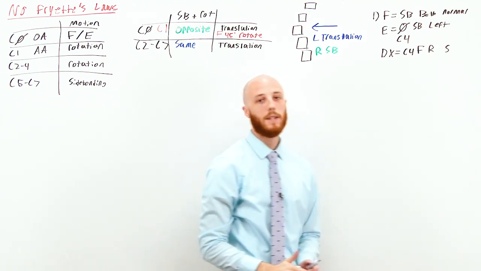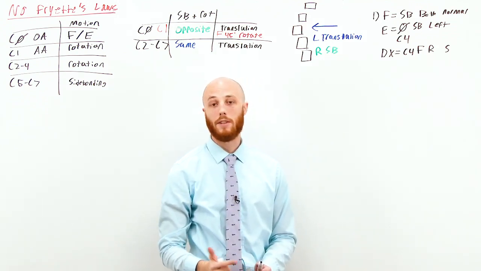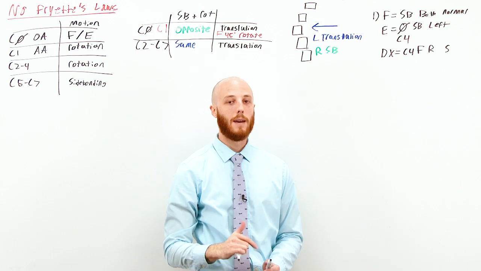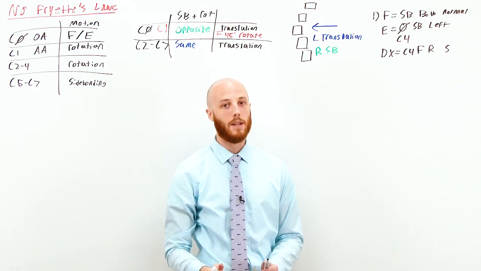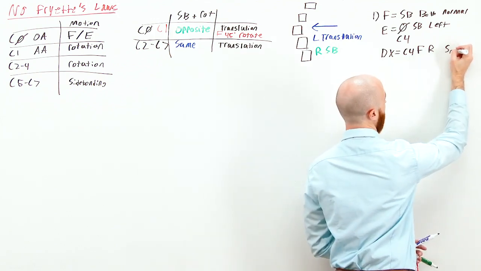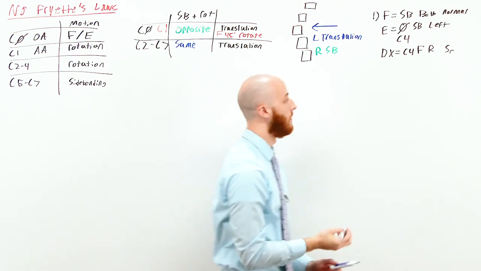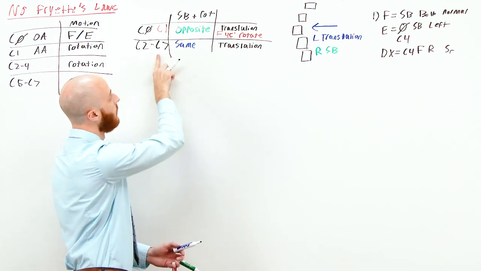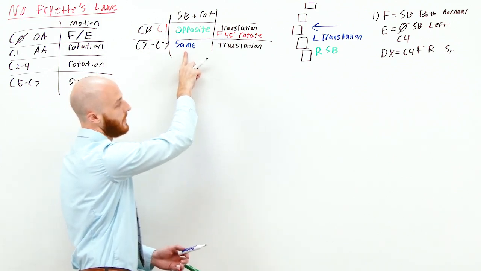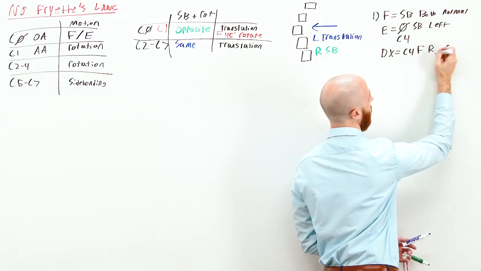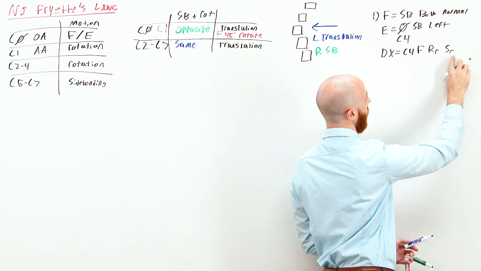But remember, you always have to name a dysfunction by what it can do. So if it cannot side bend to the left, that means that it can side bend to the right. And then following our rules for rotation and side bending, at C4, side bending and rotation are in the same direction. So you're going to be C4, flexed, rotated right, side bent right.